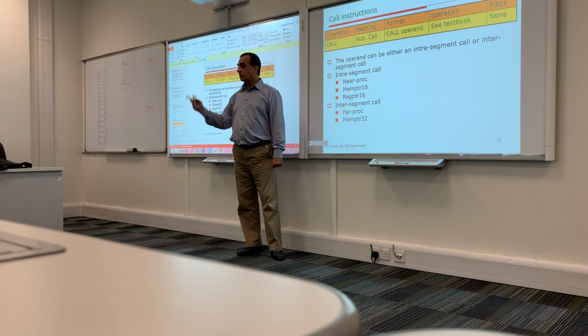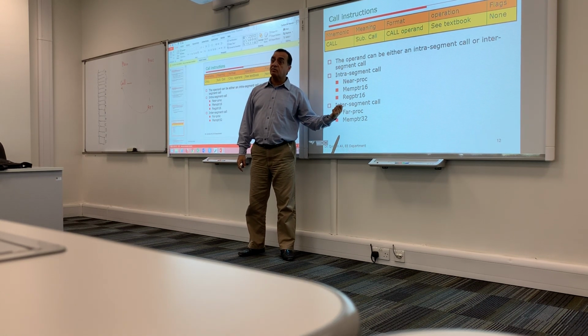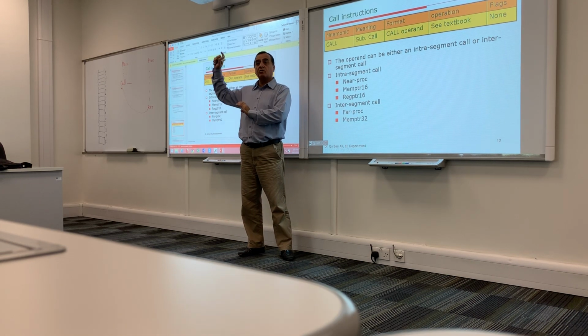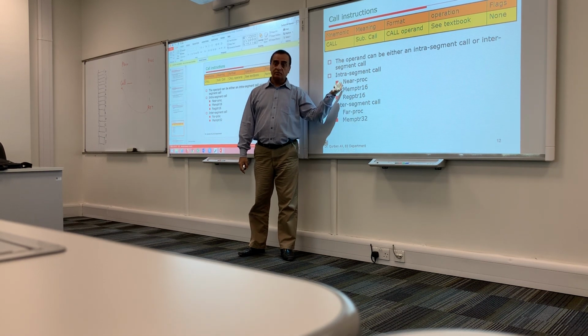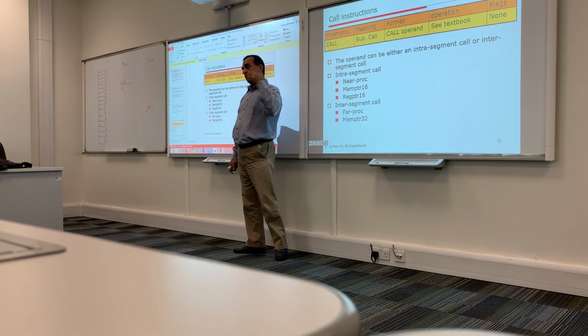Like we were saying a week before, intra-segment jump and inter-segment jump: jumping in the same segment or jumping outside the segment. Here it is the same thing. Call near means the procedure is in the same segment. Call far means the procedure is in another segment.